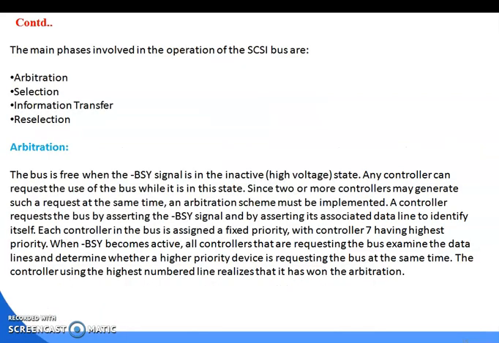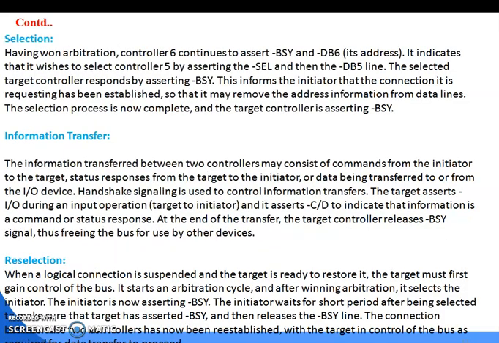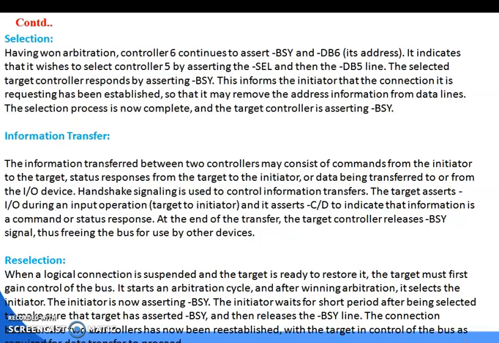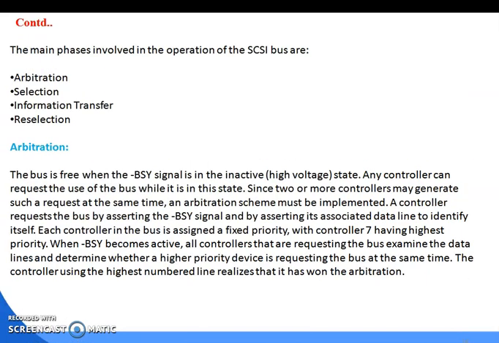The main phases involved in the operation of the SCSI bus are arbitration, selection, information transfer, and reselection. Arbitration, the bus is free when the BSY signal is in the inactive high voltage state.